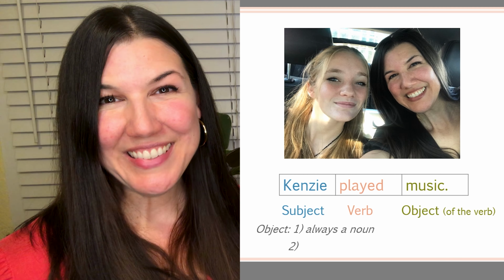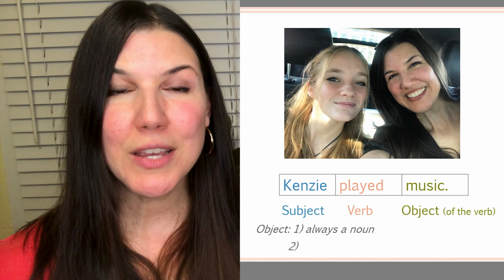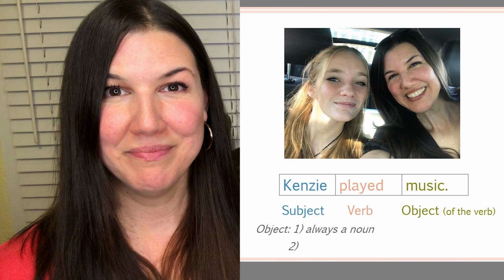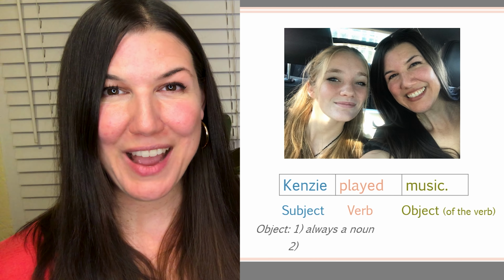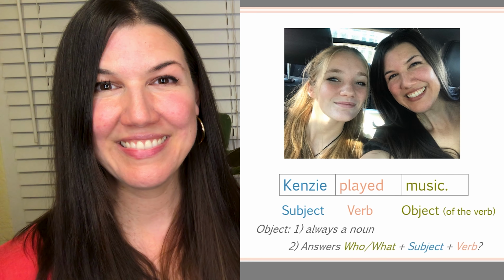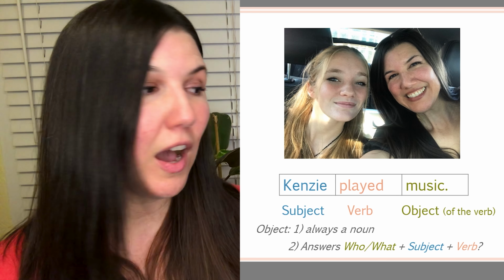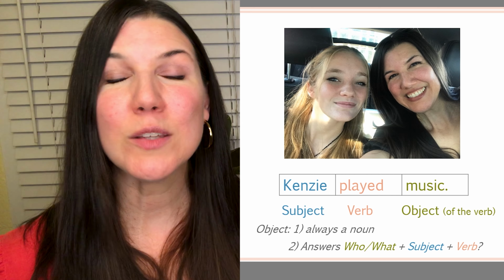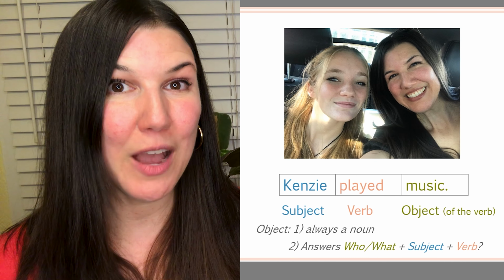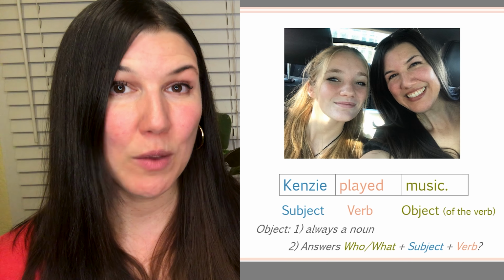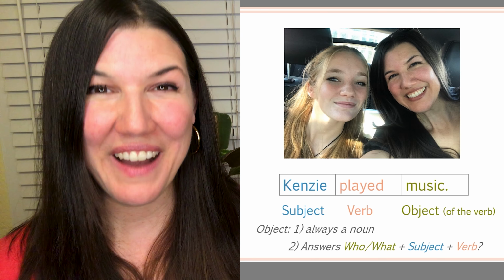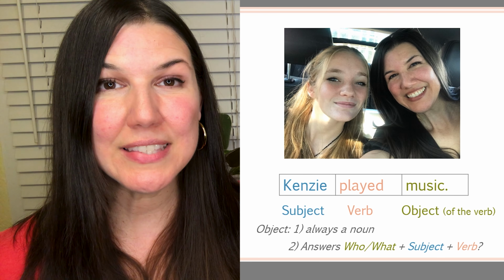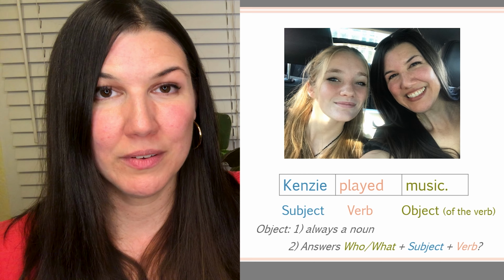So a couple things about the object. First, the object is always a noun, just like the subject is always a noun. And to find the object, you're going to ask what, because it's a noun. You can say what or who, but right now, what, with the subject and the verb.